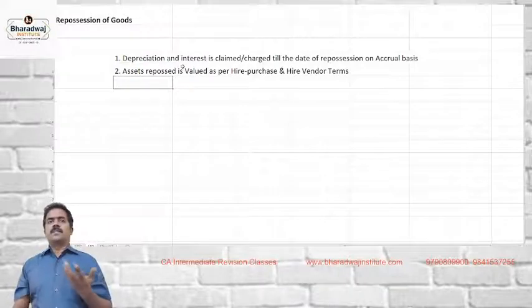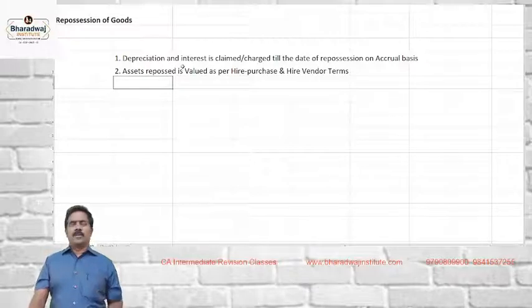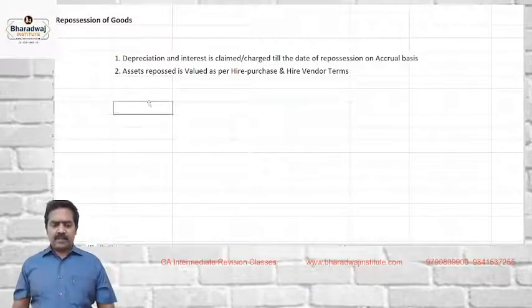For example, the hire purchaser may depreciate at 20% WDV, the hire vendor may go for 30% SLM. As per the agreement, they will go for valuing the assets.